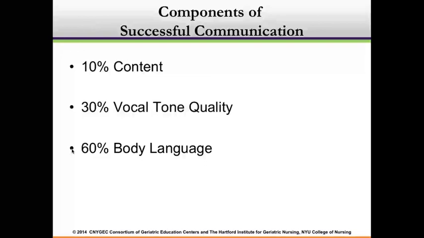Vocal tone quality can also have a huge effect to show whether somebody's impatient or whether they're loving or they're respectful. So before any content is imparted, you need to really watch what you're doing with body language and vocal tone quality, and also be aware of what the older adult may be doing with those components, and maybe that there are some barriers in those that will get in the way of having people communicate well with their body and their vocal tone quality.